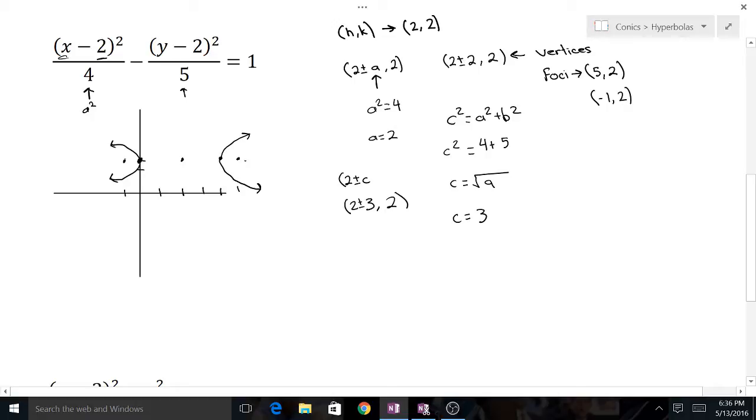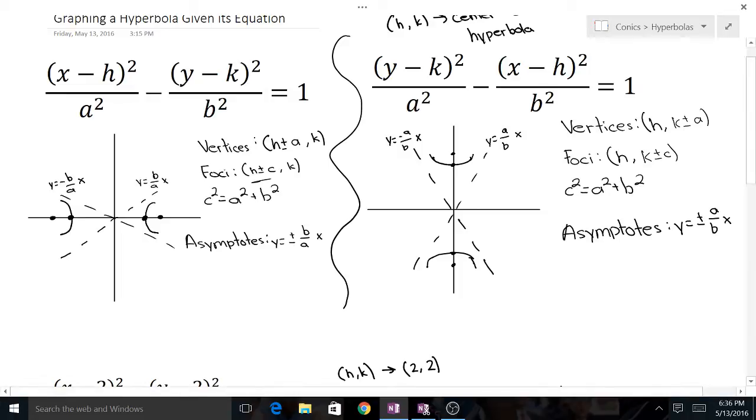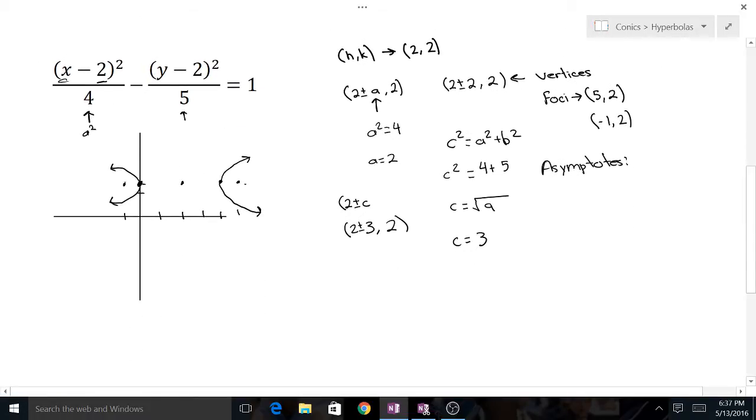The last thing we need to do is asymptotes. Asymptotes can be often the hardest things to remember, just because the differences are very subtle between the two. It's b over a and then a over b, and there's really just no hint to make it easy to remember. So just for x, we're doing b over a, so it'll be plus or minus, so y equals plus or minus b over a times x.